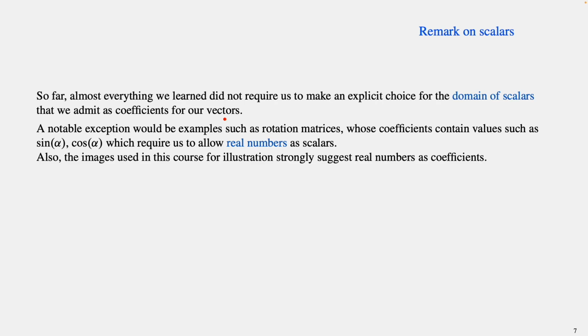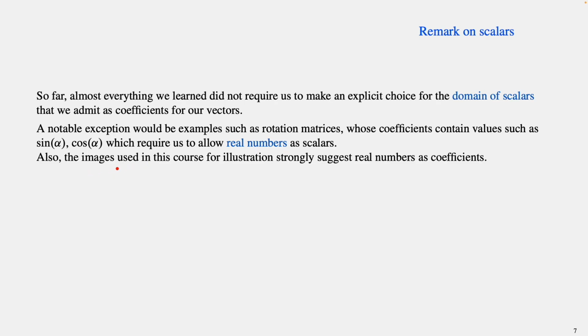One exception where we would have to choose particular scalars is when we look at the rotation matrices, because their coefficients include terms such as sine alpha or cosine alpha, and these values have to be chosen from the real numbers. So whenever we look at rotation matrices, we have to assume that the scalars are taken from the real numbers, or anything containing at least the real numbers.